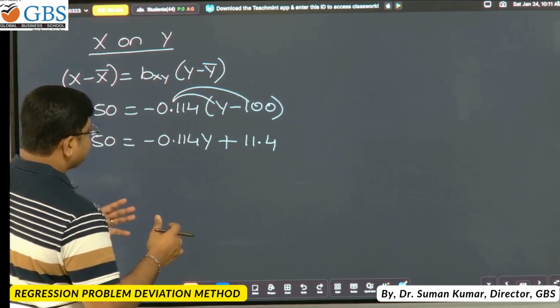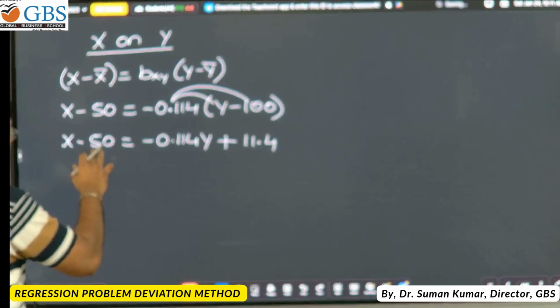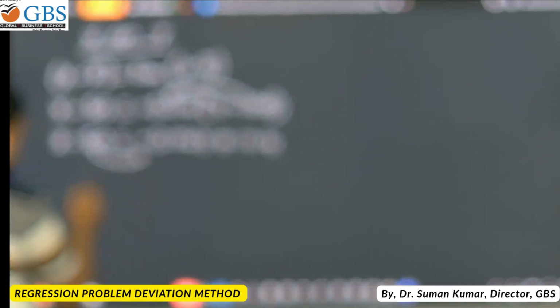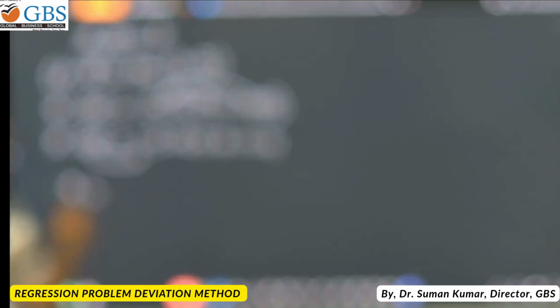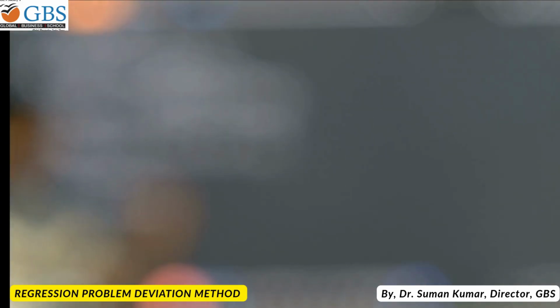Okay, we want x on y, right? So send minus 50 to the right hand side. So this becomes x is equal to, because we are finding x on y, minus 0.114 y plus 11.4 plus 50.